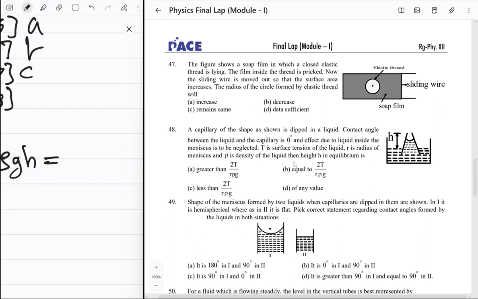और R क्या है by the way? Radius of the meniscus. Oh god. You mean radius of curvature or you actually mean the radius? Like the radius at that point.